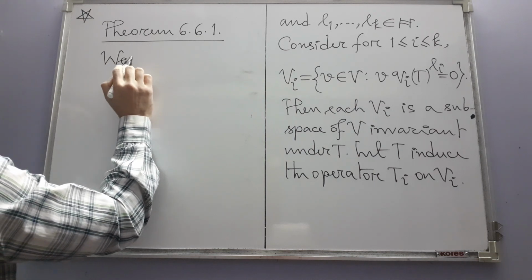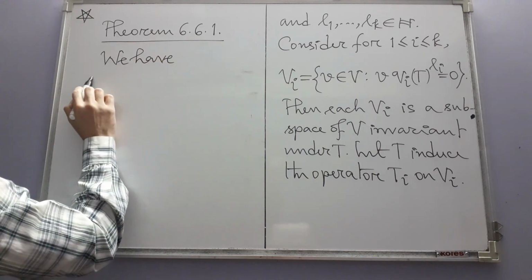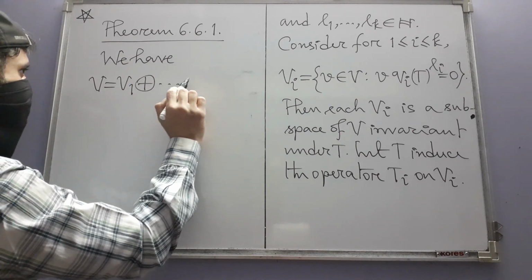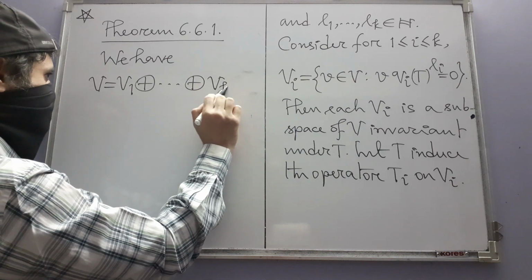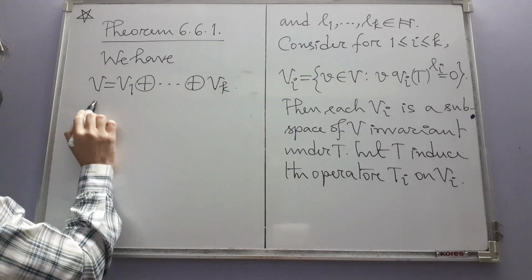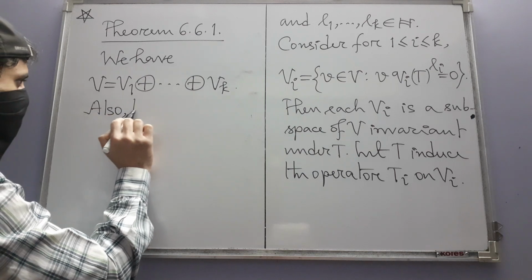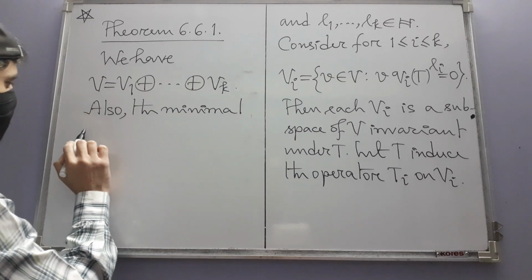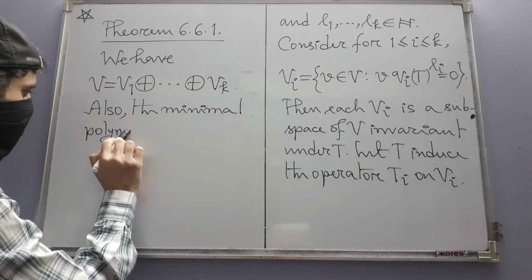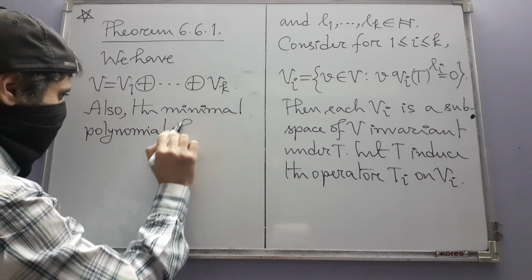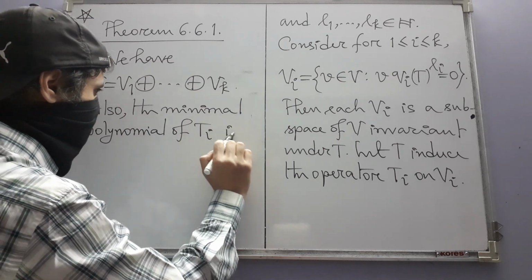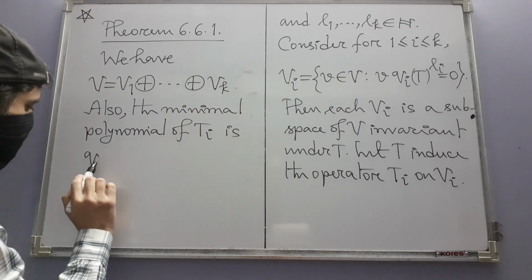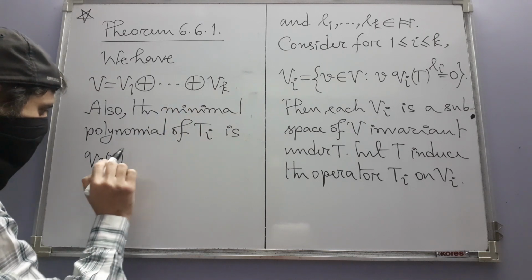We have V as a direct sum of those V_i's. That's the first thing it states. Also, the minimal polynomial of T_i for each i is that ith factor in that factorization of P of x, that is this.